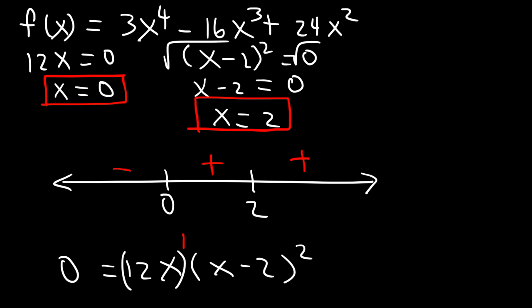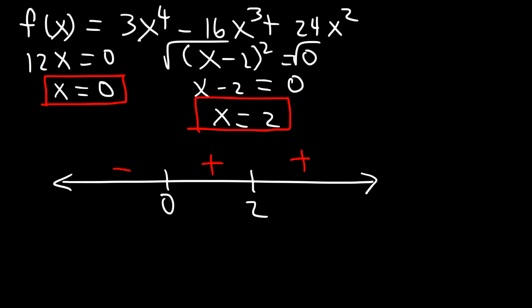So now the last thing we need to determine is which one is a maximum and which one is a minimum. Now going from 0 to 2, it's decreasing, then it's increasing. So we have a minimum at 0. Now at 2 it doesn't change sign, so it's neither a minimum or a maximum.